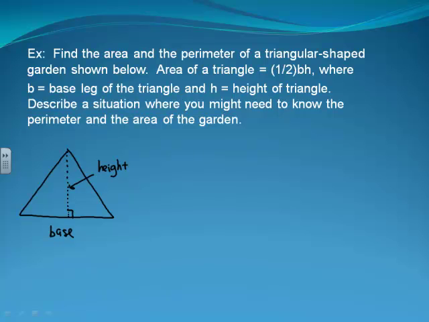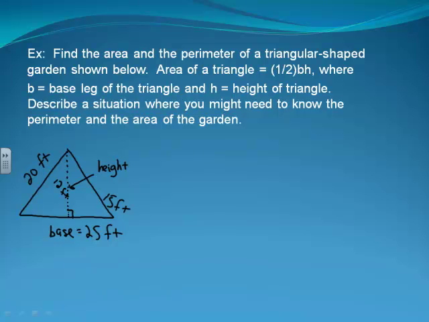And you know the following. You know that this side on the left measures 20 feet. Your base is going to be 25 feet. The third side of your triangle is 15 feet. And the height of your triangle is going to be 12 feet.